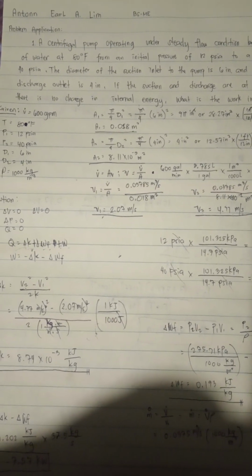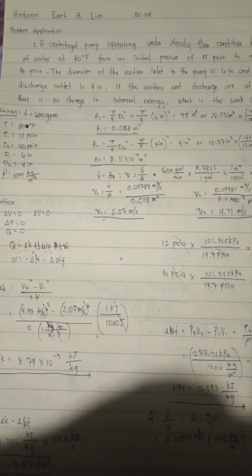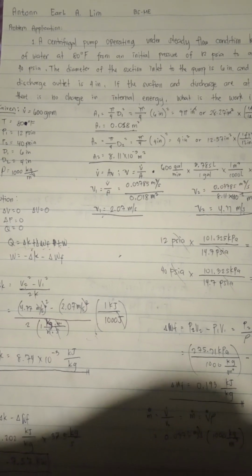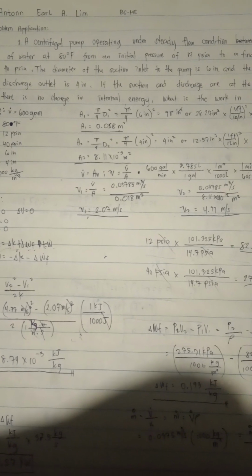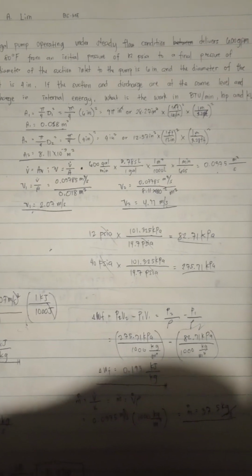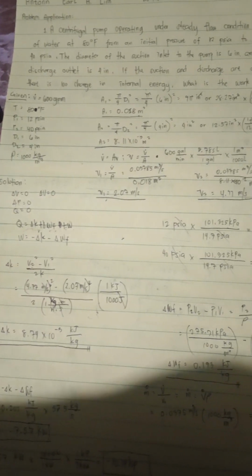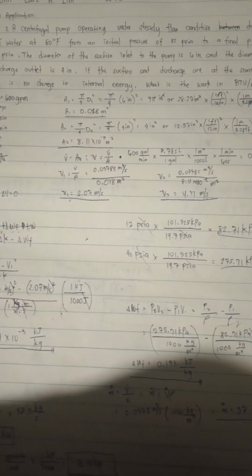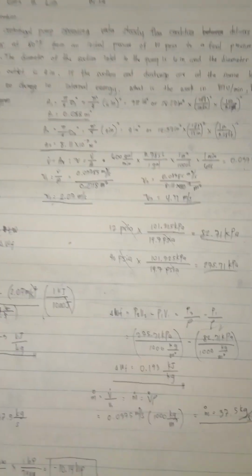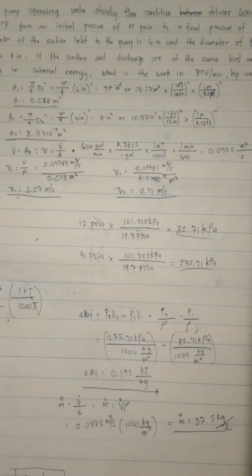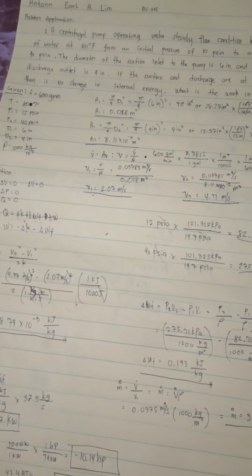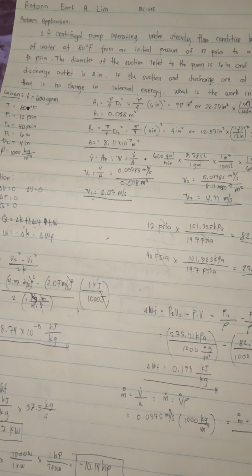I'm here to discuss the problems. Problem number one: a centrifugal pump operating under a steady flow condition delivers 600 GPM, 600 gallons per minute, of water at 80 degrees Fahrenheit from an initial pressure of 12 psia, or 12 pounds per square inch, to a final pressure of 40 pounds per square inch.